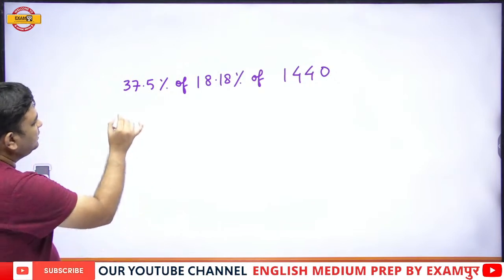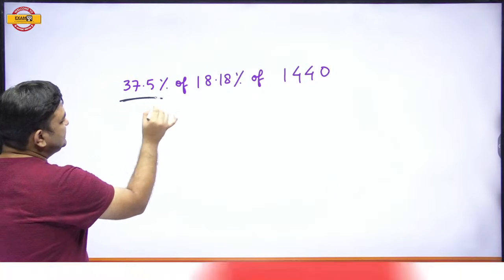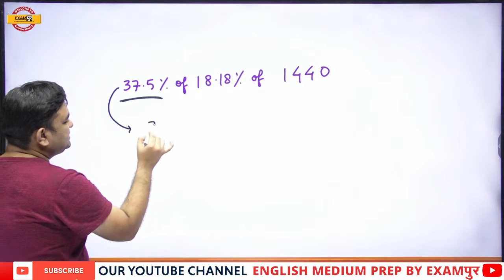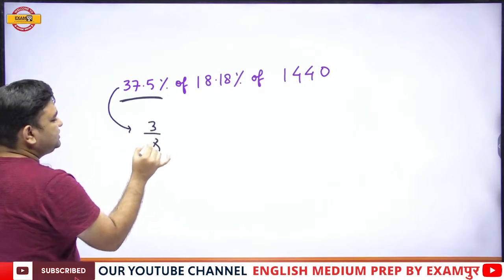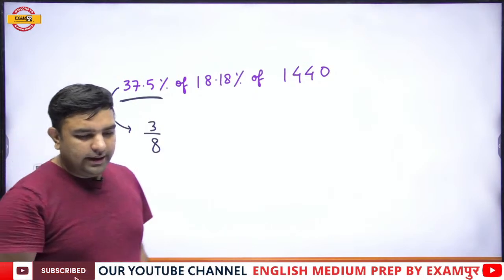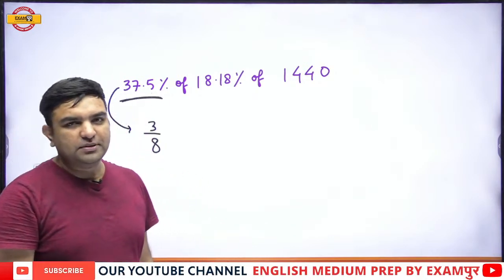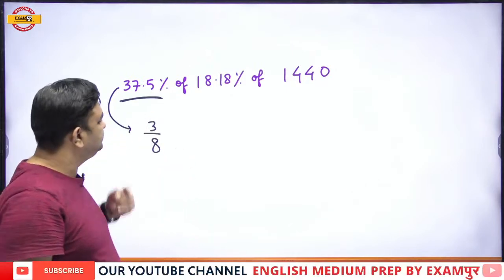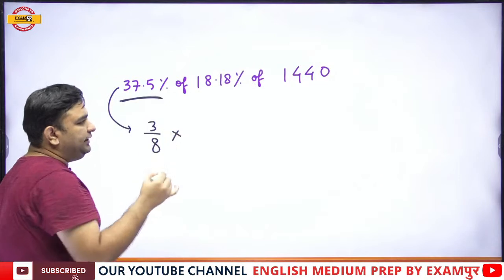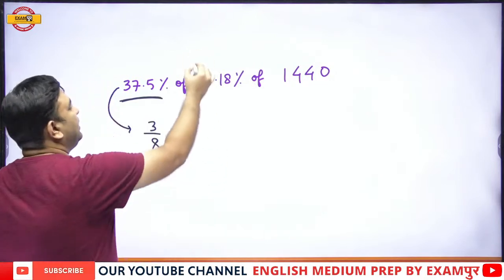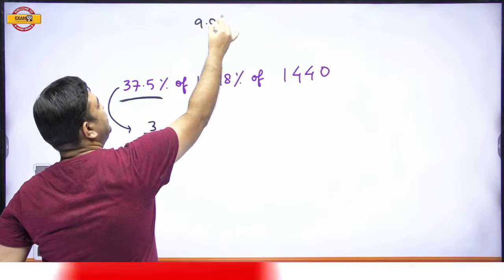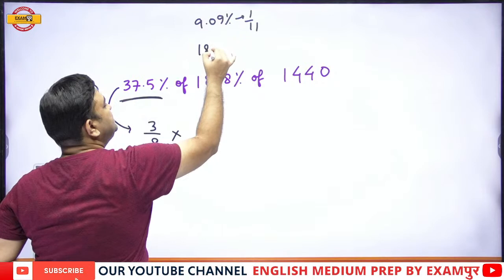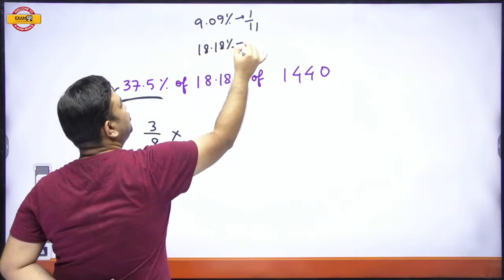What would be 37.5%? 37.5% would be 3 by 8, as we have just read. 18.18%: 9.09% is 1 by 11, so 18.18% would be 2 by 11.